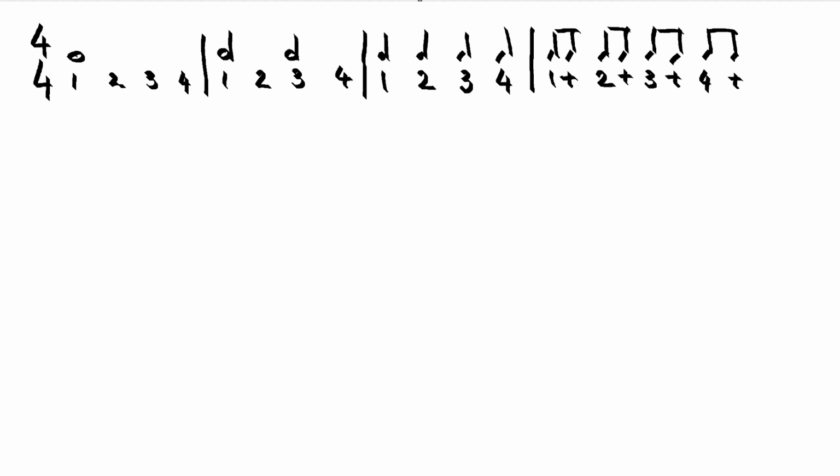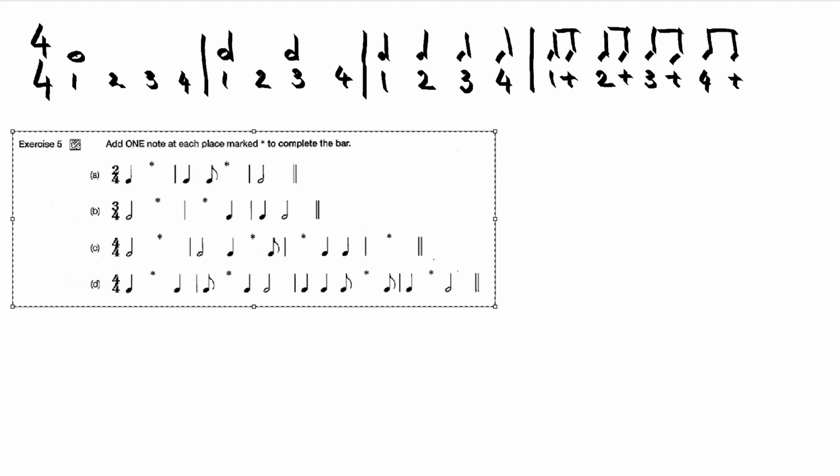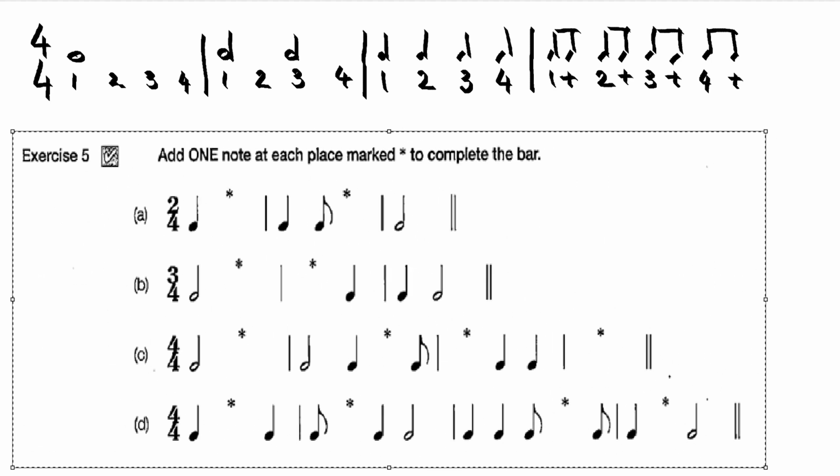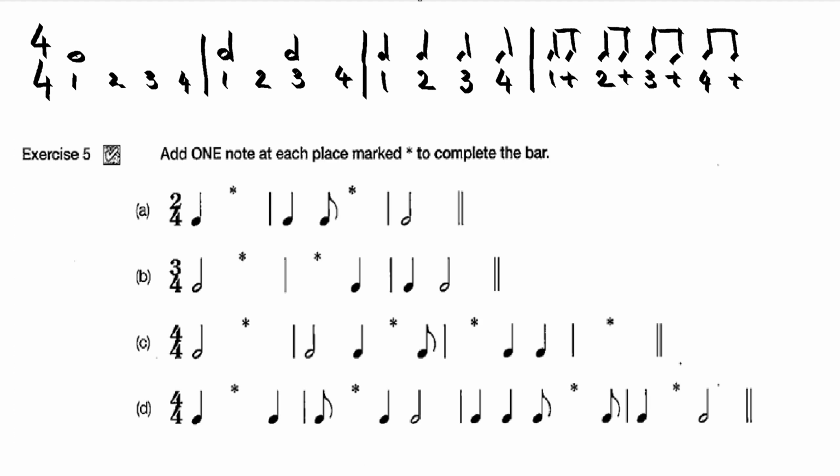But in every case, a full bar must be completed with sufficient rhythmic values to make up what is required for a full bar. So, in the first example, where we have a bar of 2/4, we should have 2 crotchets in it. We've already got 1, so to add only 1 note to complete the bar, we can only add a single crotchet.